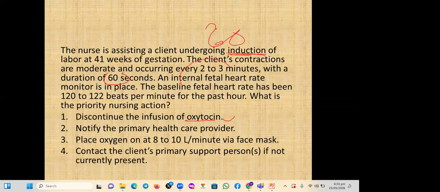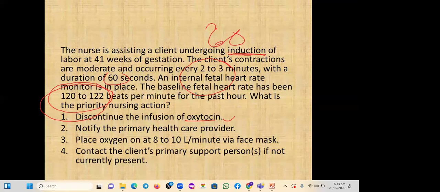And it is also occurring every 2 to 3 minutes, right? But what you should be worried about is much more the variability, because the fetal heart rate had remained constant for a very long time. And we said there has to be moderate variability.